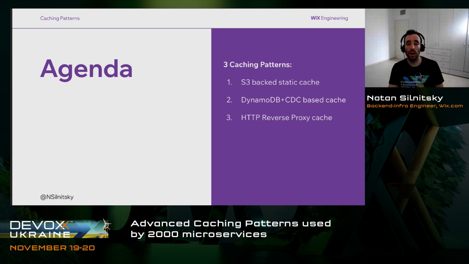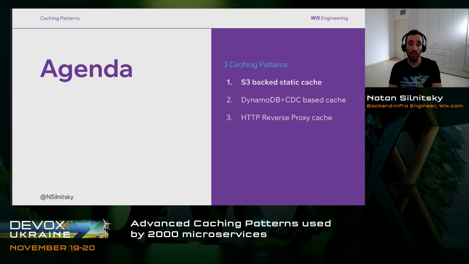And finally, we'll talk about the HTTP reverse proxy cache pattern, where you put a cache before your service and it acts like a reverse proxy. So it will avoid getting traffic back to the service. So that's the reverse part here, because it will already have cached HTTP responses.